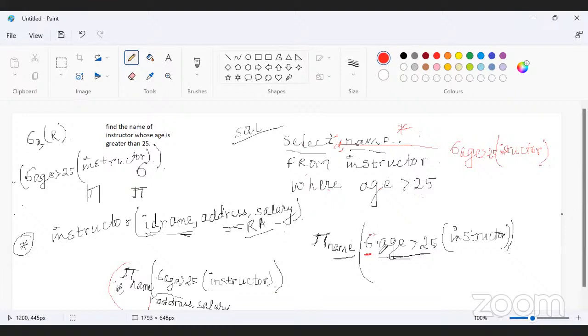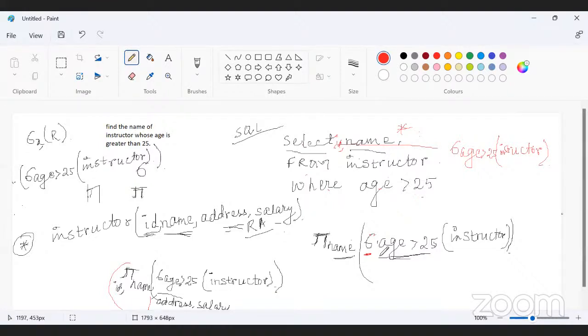What should we read it in the name of SQL? I'm not able to understand the reading. Can you repeat once again? Project name where age is greater than 25 in the instructor table, we can read like this.